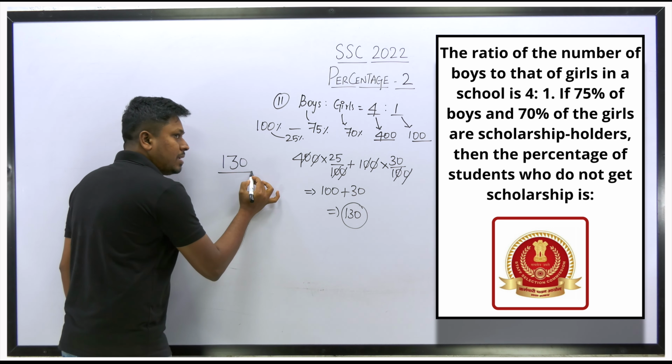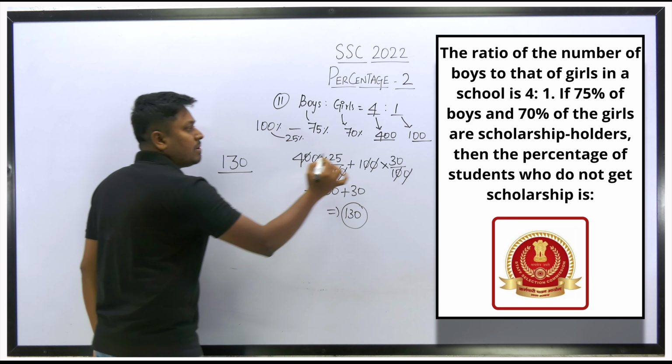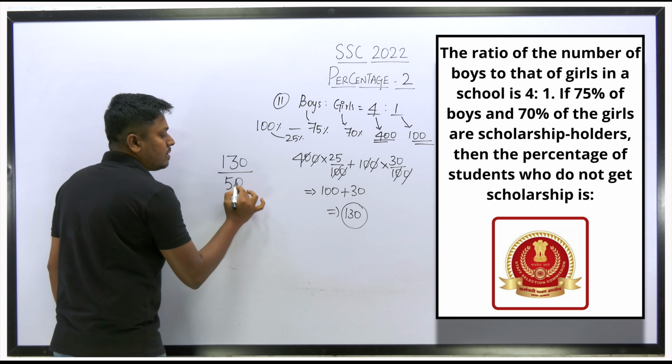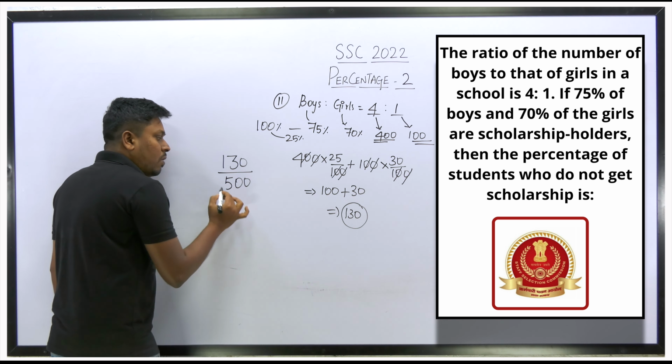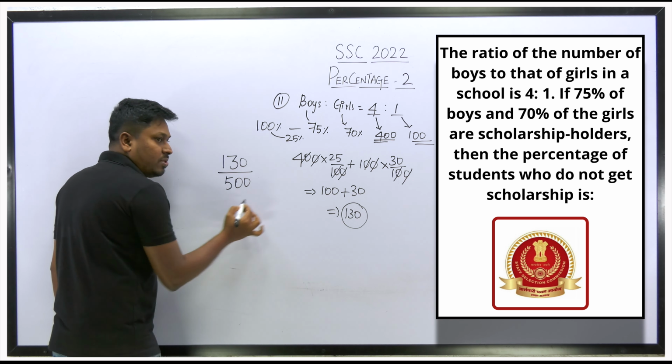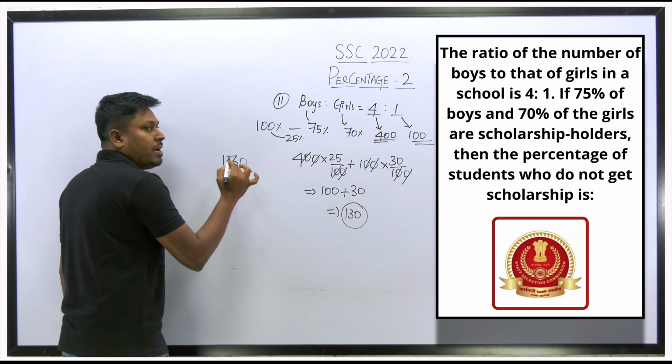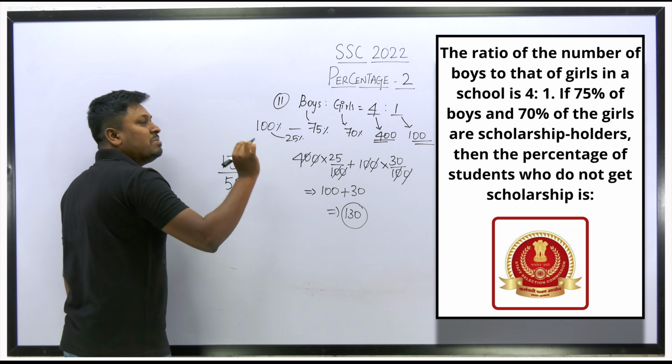Out of how many students, in the total strength of the classroom? 400 boys and 100 girls, so the total will be 500. Friends, understood how I am writing? So out of this total 500 strength of the class, 130 students did not get a scholarship, and our target is to find it in terms of percentage.